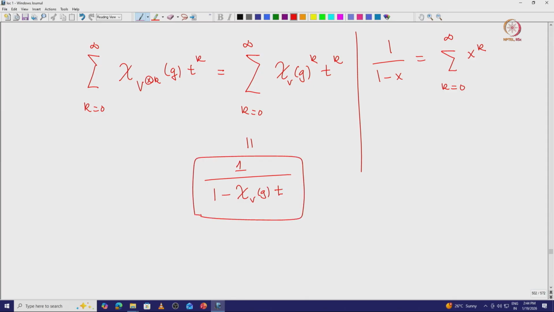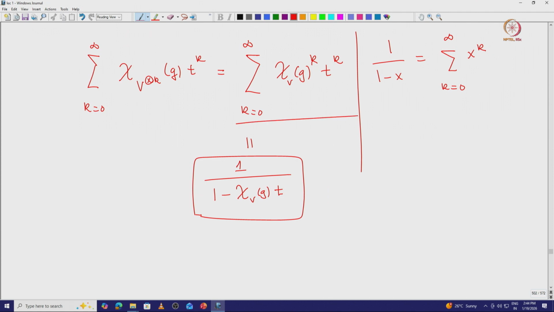So when we look at this graded character, it is actually simplified in a much simpler way. Here, the way we want to treat this series, we do not talk about any convergence. We are treating this as a formal power series. As long as the coefficients of t to the power k make sense, the series is well defined, there is no issue.